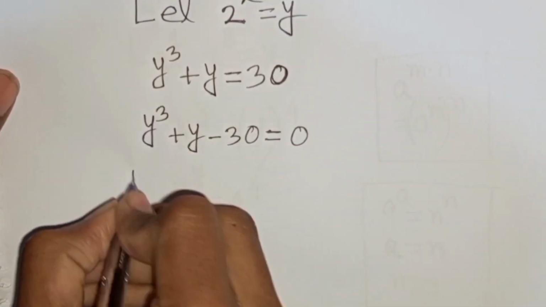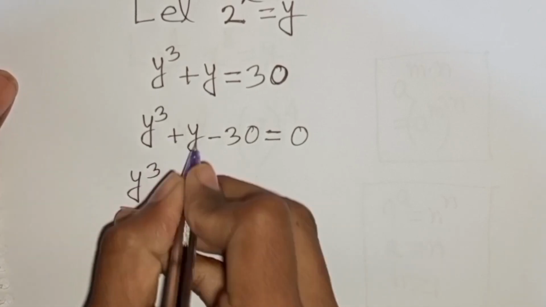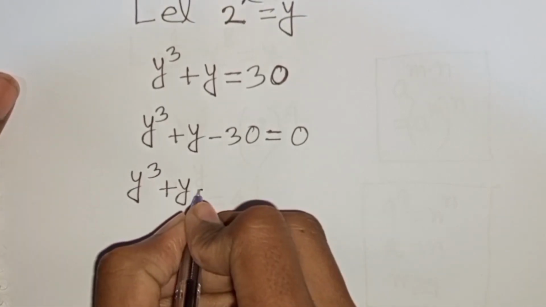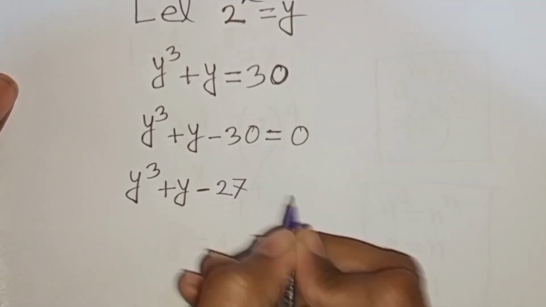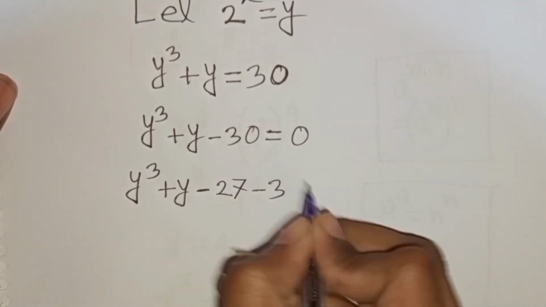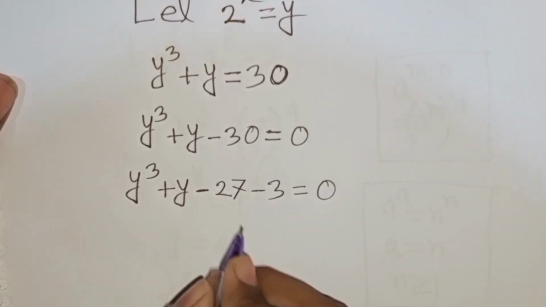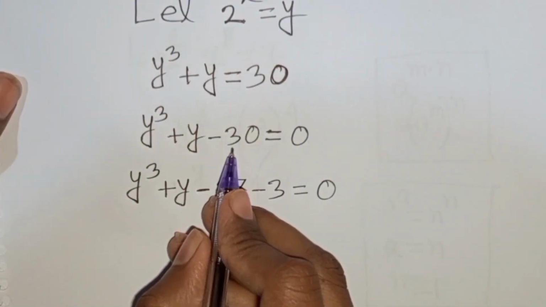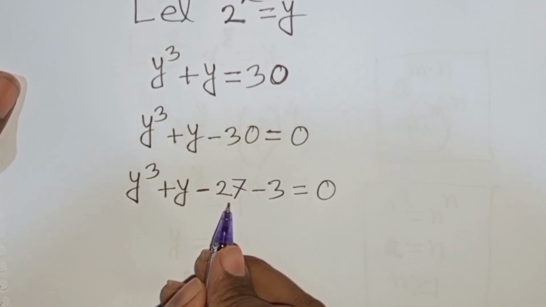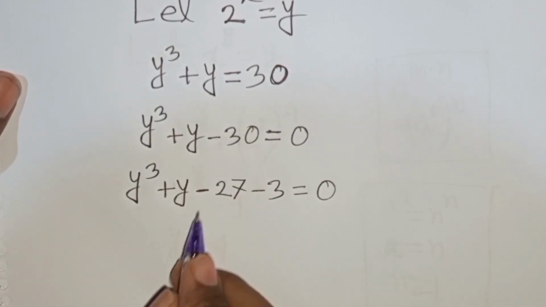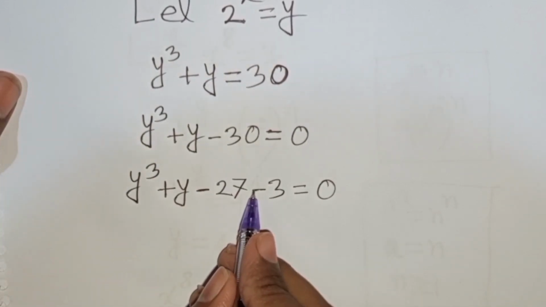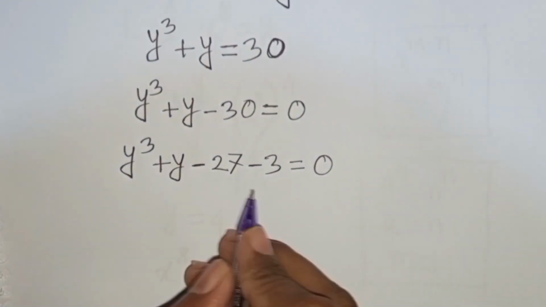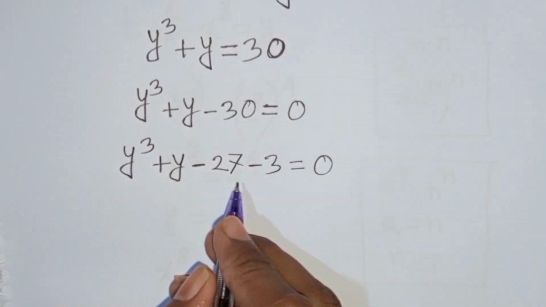Now we have y cube plus y, then minus 30 can be written as minus 27 minus 3, is equal to 0. How to understand this? Pay attention here. The nearest cubic number of 30 is 27, so minus 30 can be written as minus 27 minus 3. Most of the time you can understand such a process.